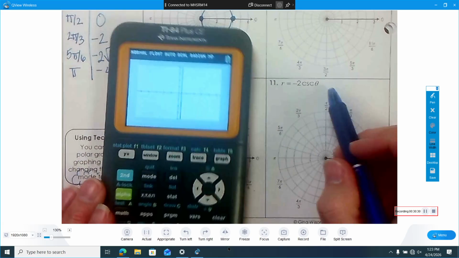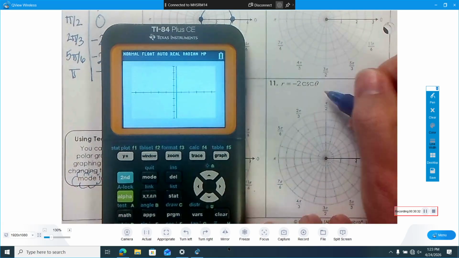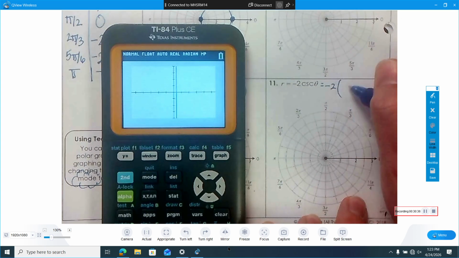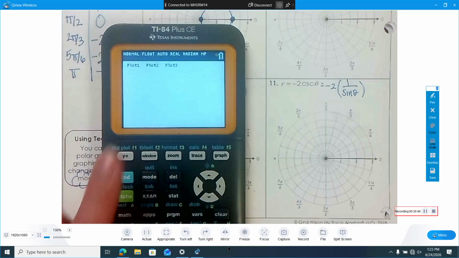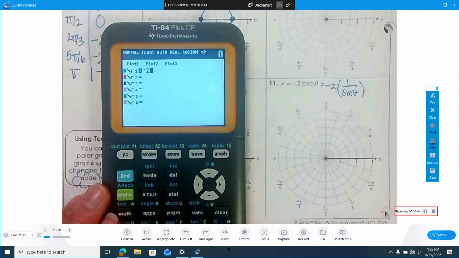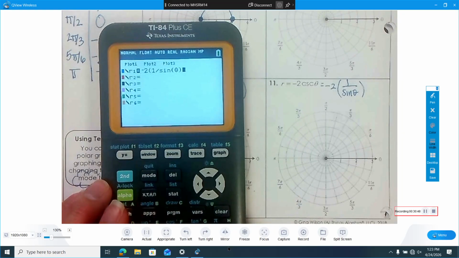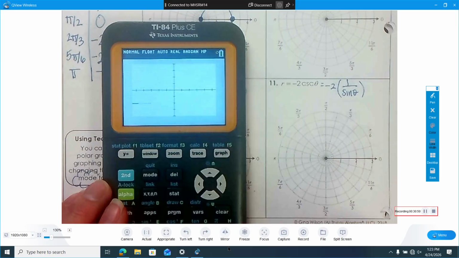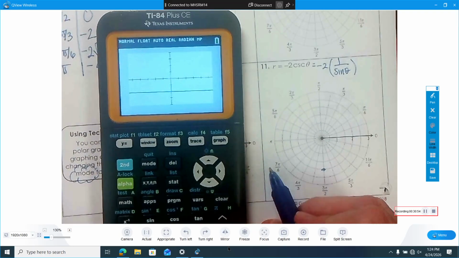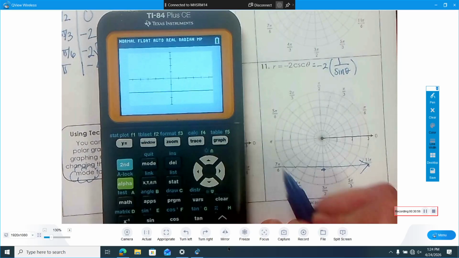Okay, so how are you going to put this one in the calculator? Negative 2 times 1 over sine of theta, because cosecant is 1 over sine. What's it going to look like? It's going to look like a horizontal line. A horizontal line, okay. Yeah. It goes through negative 2, and it's a horizontal line.